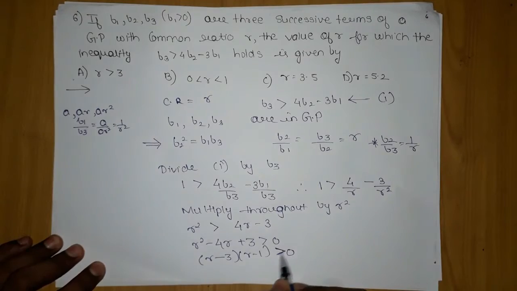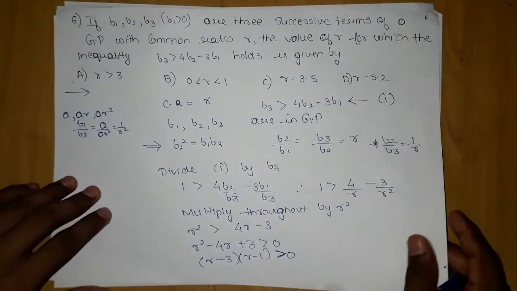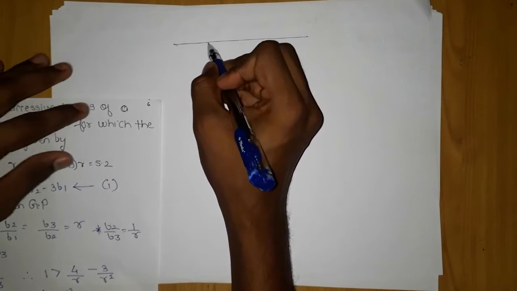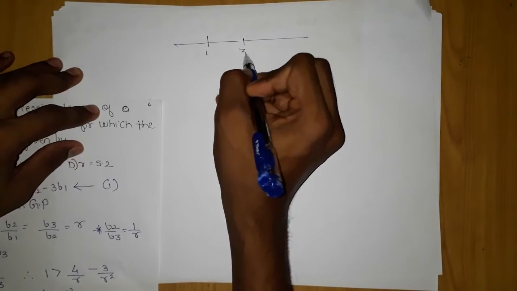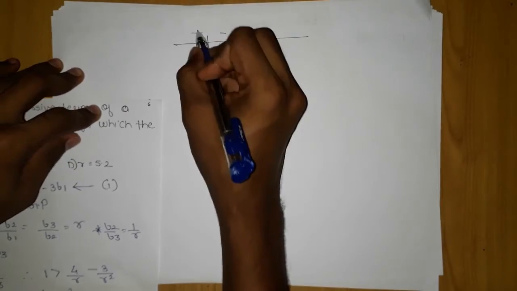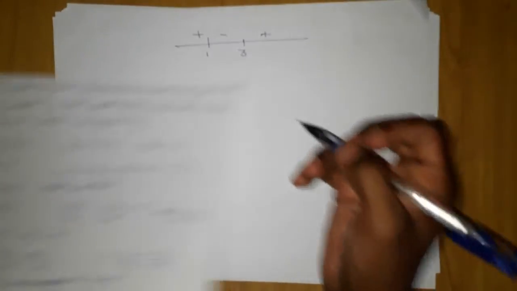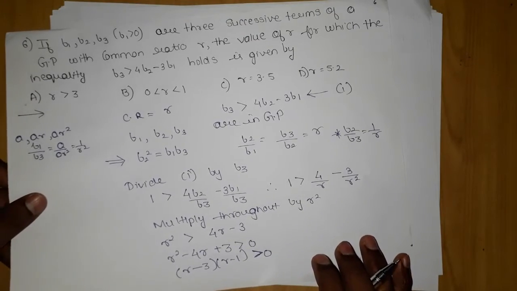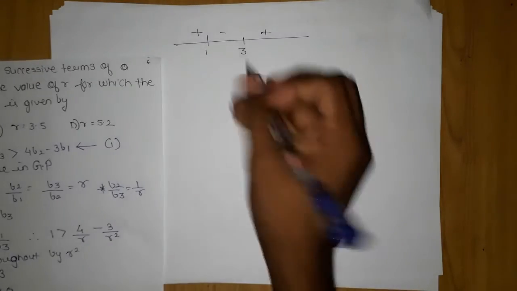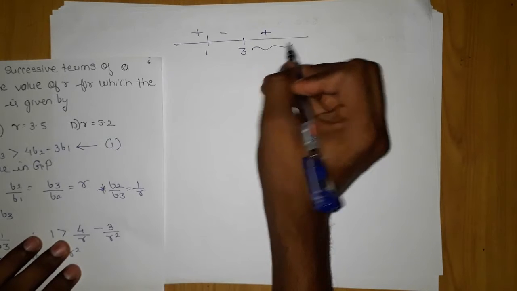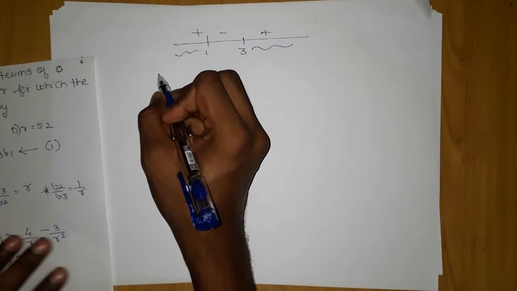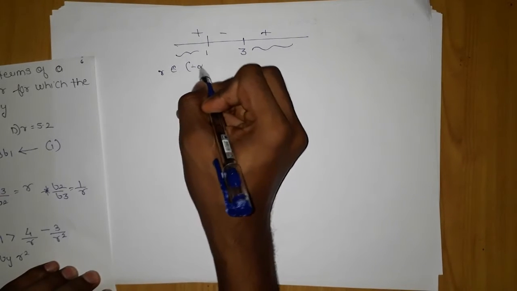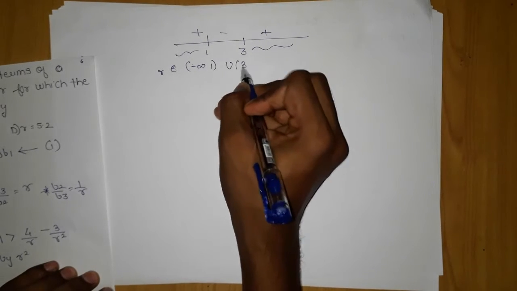Now let's plot the wavy curve and see where r lies. If I plot the wavy curve, the points are 1 and 3 respectively, with signs positive, negative, positive. Since it is greater than 0, I want the positive range. So r belongs to minus infinity to 1 union 3 to infinity.